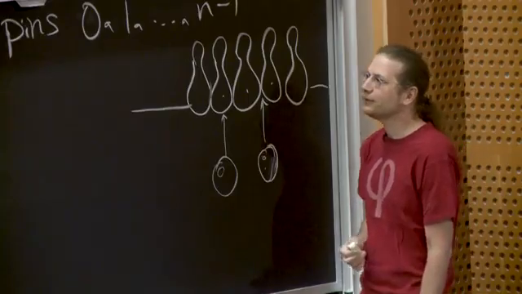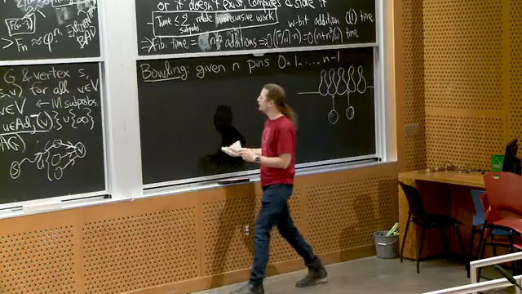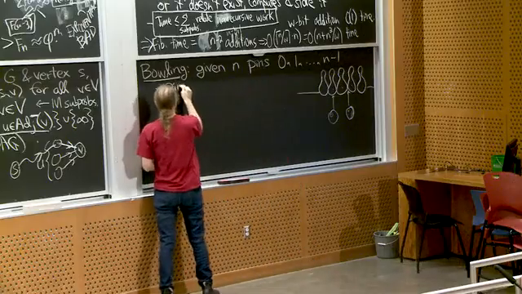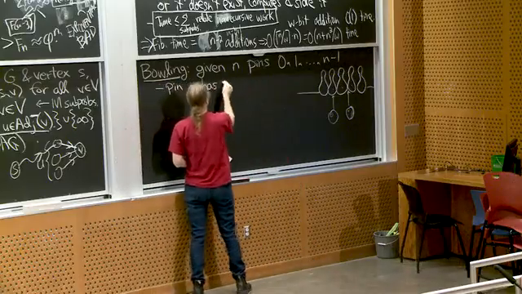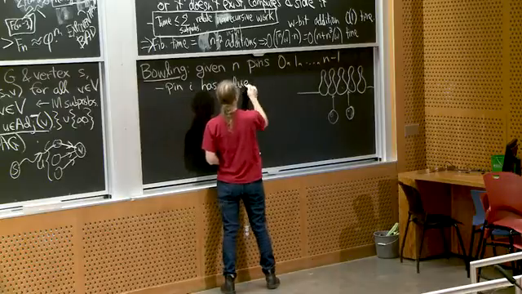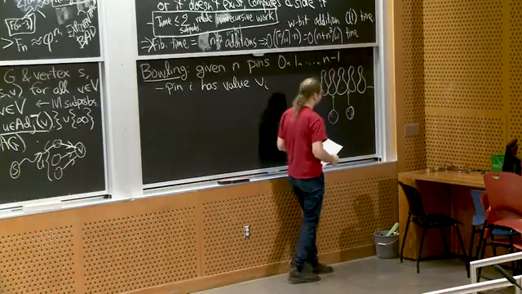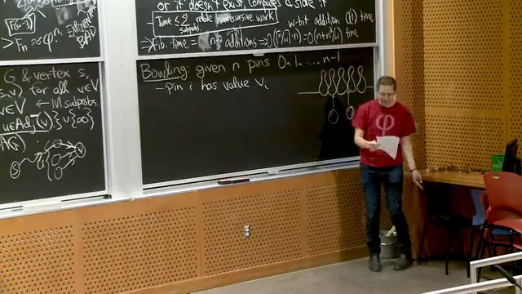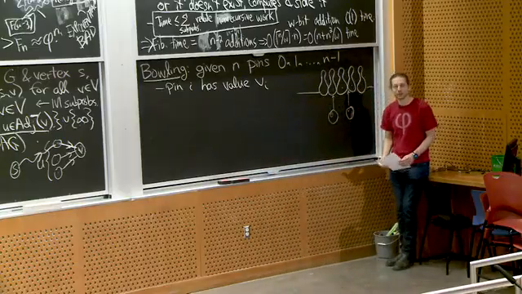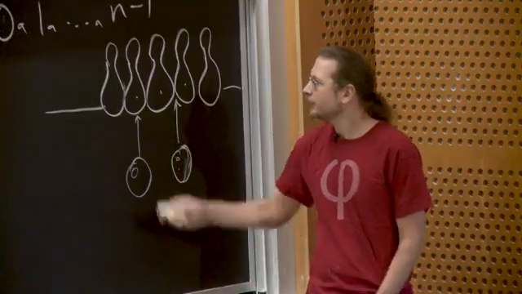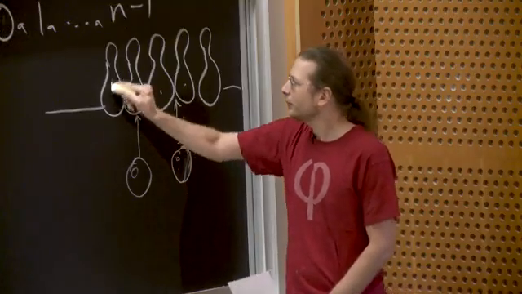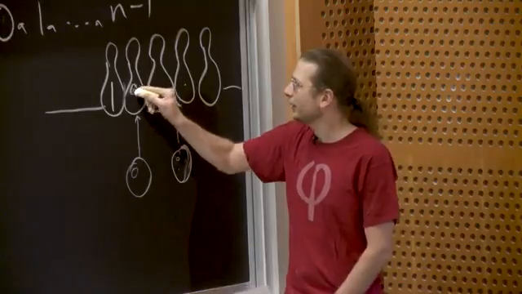Now, what makes this interesting is that the pins have values. Pin i has value v_i. This is obviously a toy problem, though this type of bowling does go back to 1908. It was also a toy problem in that setting. So each of these bowling pins has some number on it.